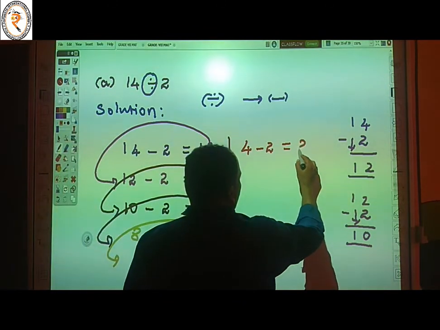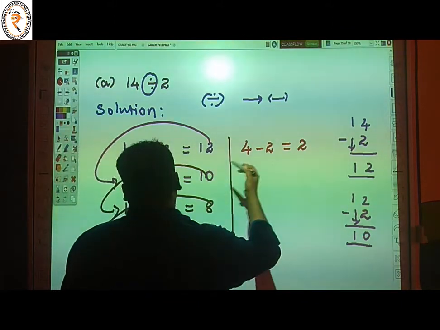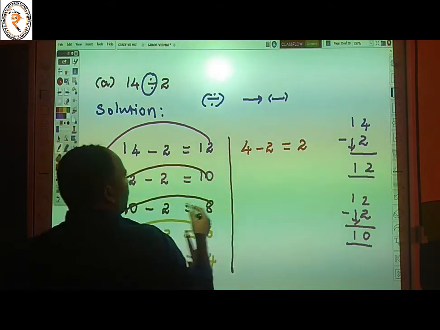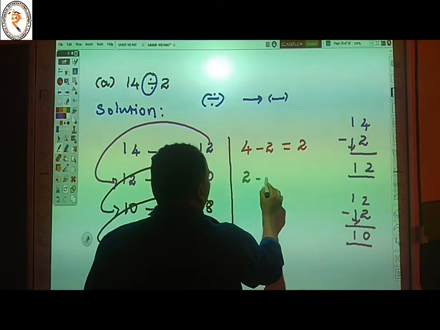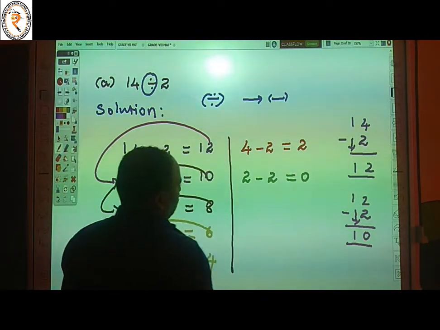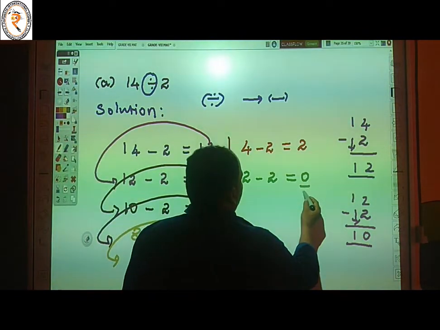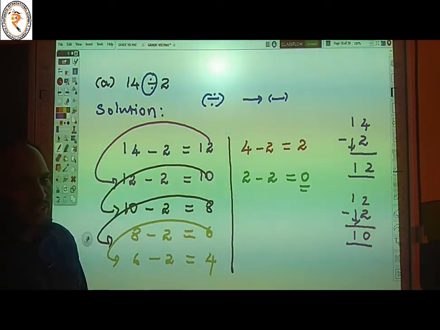Your answer is 2. So you want to 2 minus 2 is equal to 0. Our final solution is 0.